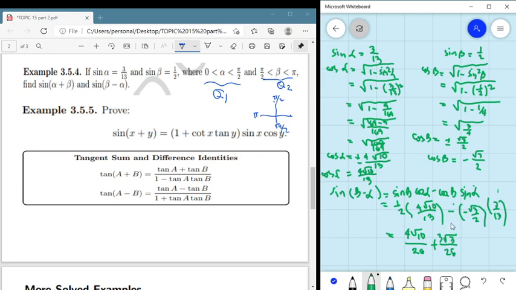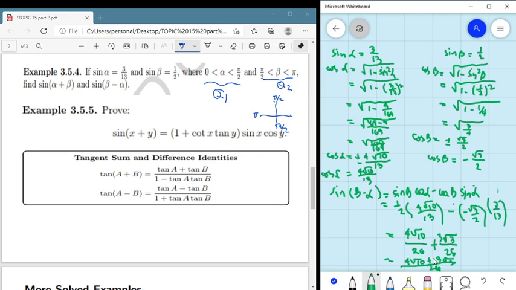Okay, so that's why the final answer is 4 square root of 10 plus 3 square root of 3 all over 26. Okay, so that is the value of sine beta minus alpha.